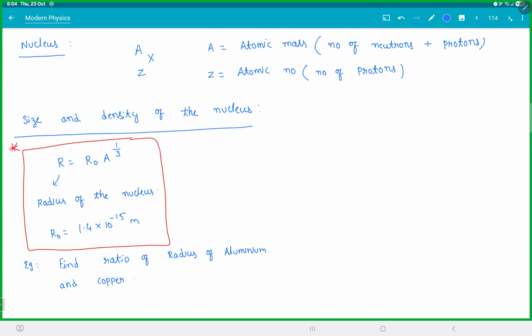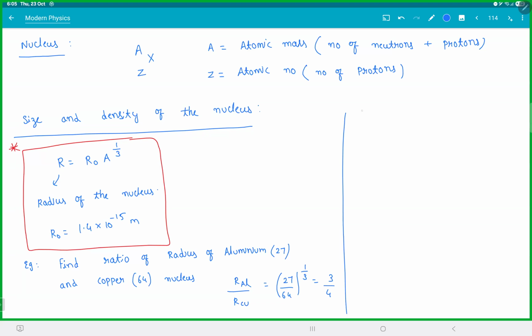If you remember, copper mass is around 64, 63 point something, but round it off, and aluminum is around 27. If you take the ratio, you'll get R of aluminum by R of copper, that would be 27 by 64 whole power 1 by 3, which is 3 by 4. Easy questions, but if you don't know the formula, you'll be gone.